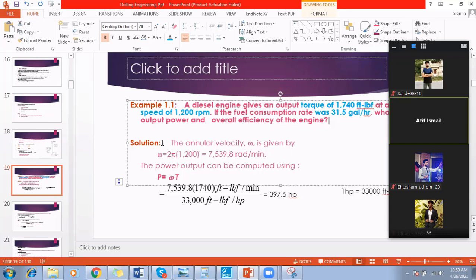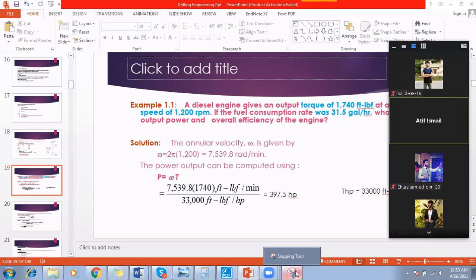So what was the equation that we discussed for the output power? It was the product of angular velocity and the torque.